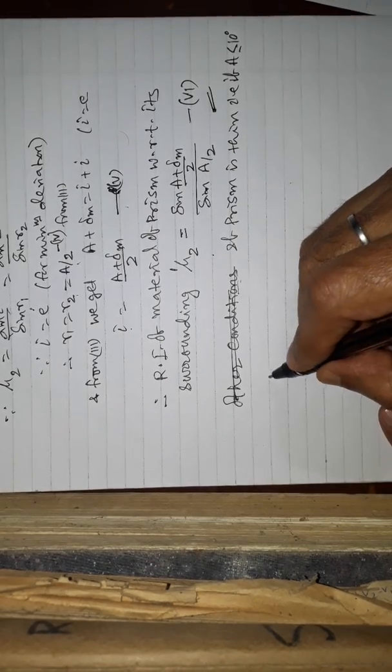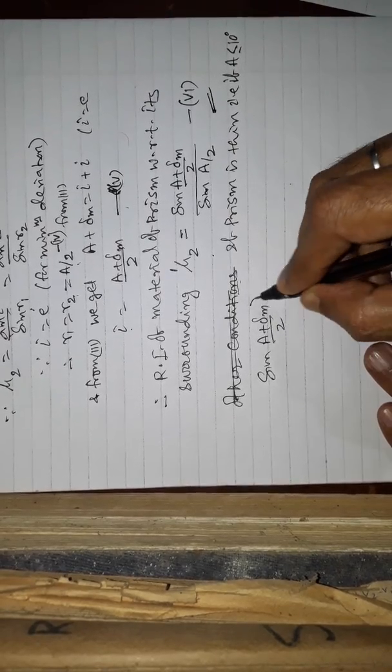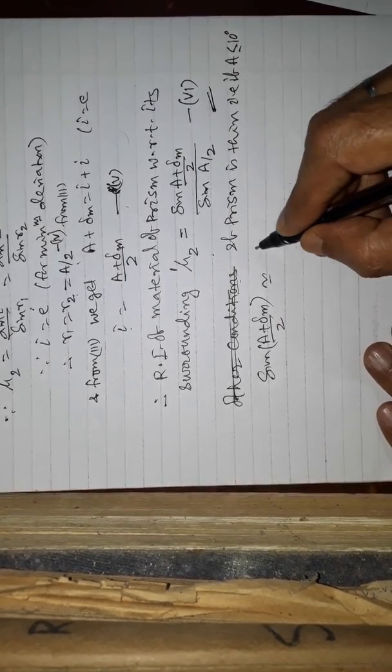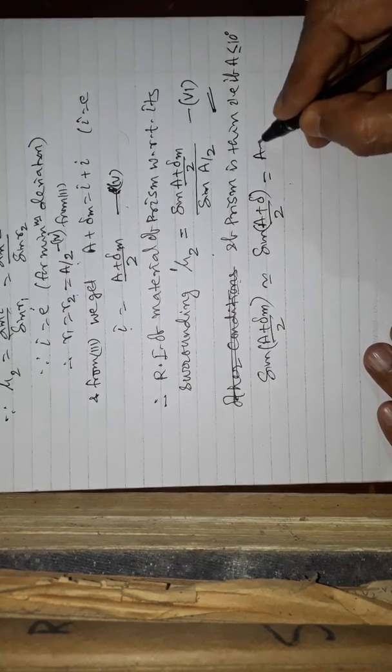And for that, this sin of A plus delta m by 2 is approximately sin of A plus delta over 2. Here the deviation will be almost the same. Minimum deviation or deviation for any angle will be almost the same, so we take A plus delta over 2. Here delta or delta m will not be different because deviation will change very minutely.